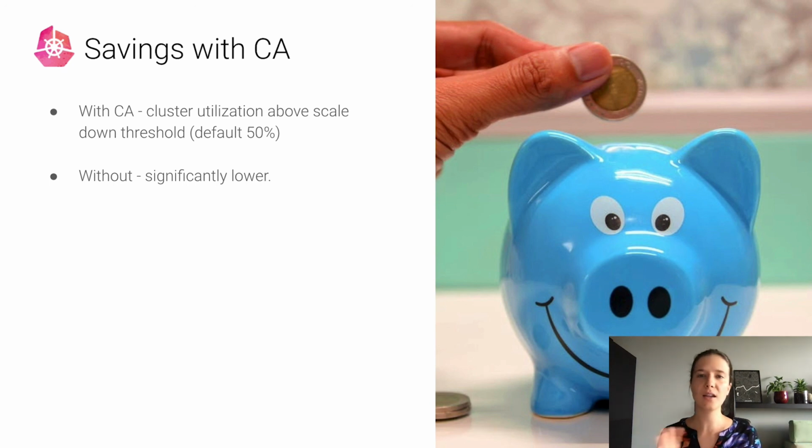So generally, you will see somewhere around 60% utilization in the cluster. If you're not using Cluster Autoscaler, your utilization depends mostly on your own bin packing skills. And on large clusters, that is actually really difficult. And what we're seeing out in the wild, on average, it will be significantly lower than it would have been if you had Cluster Autoscaler enabled.